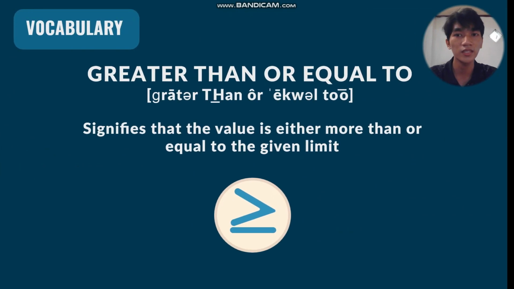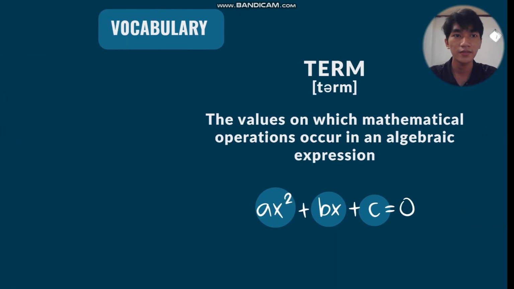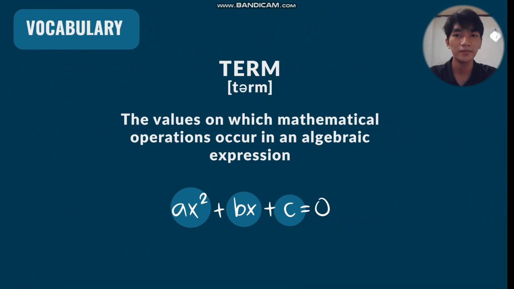The next word is greater than or equal to. Greater than or equal to signifies that the value is either more than or equal to the given limit. This, for example, is greater than or equal to. Okay, the next word is term.